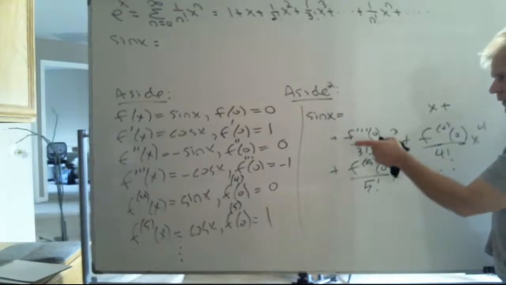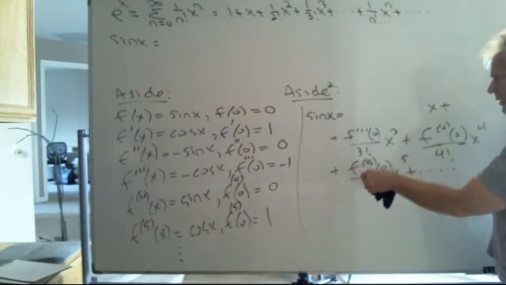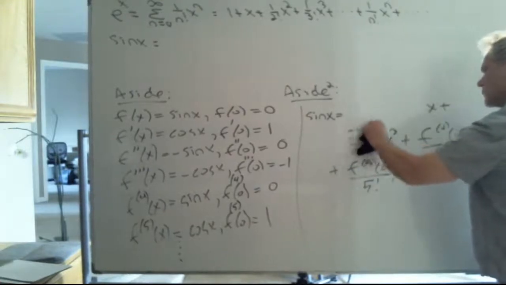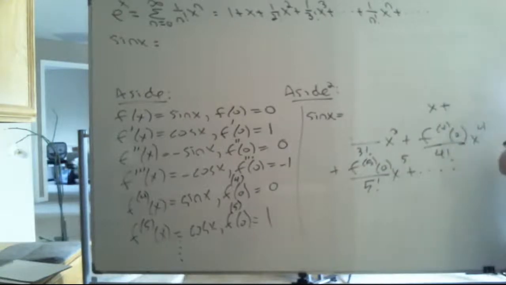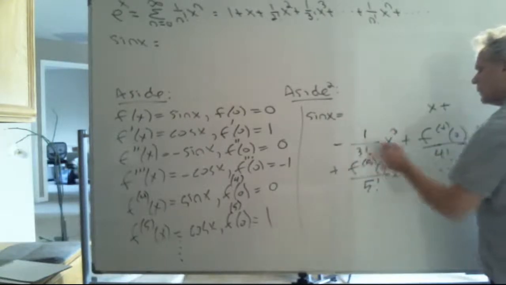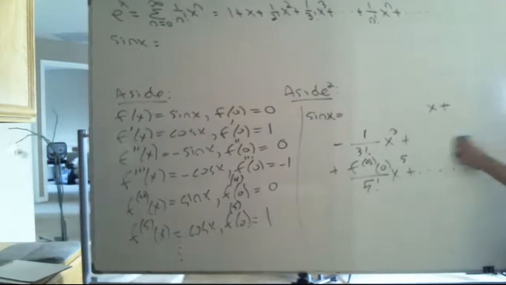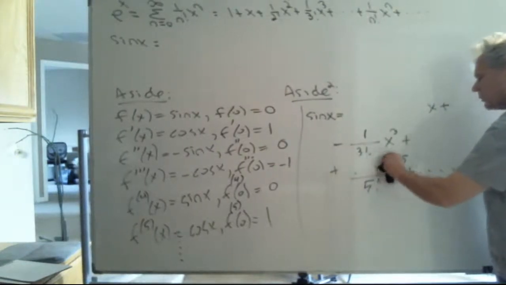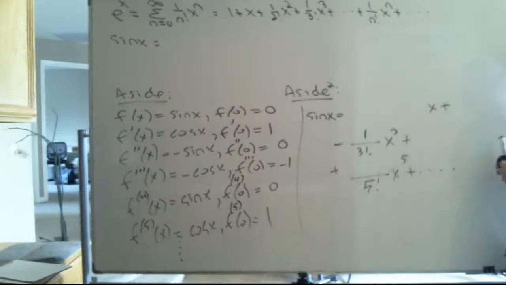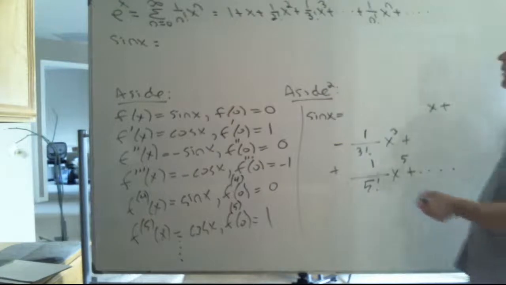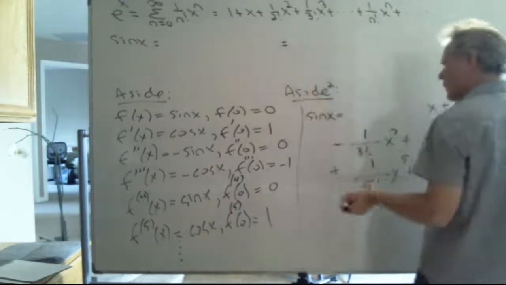My f triple prime evaluated at 0 is -1. The fourth order derivative evaluated there is 0. My fifth order derivative evaluated there at 0 is simply that. So it looks to me like my power series representation looks like this.